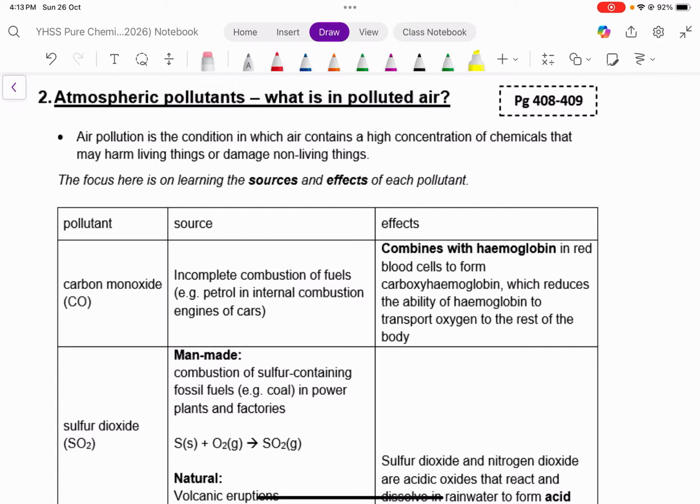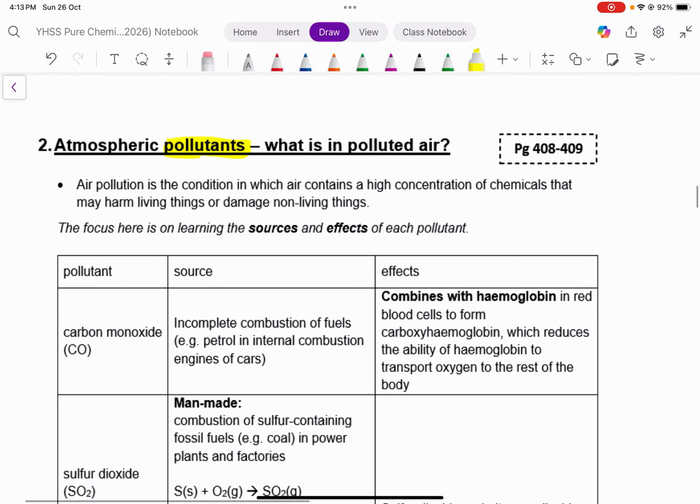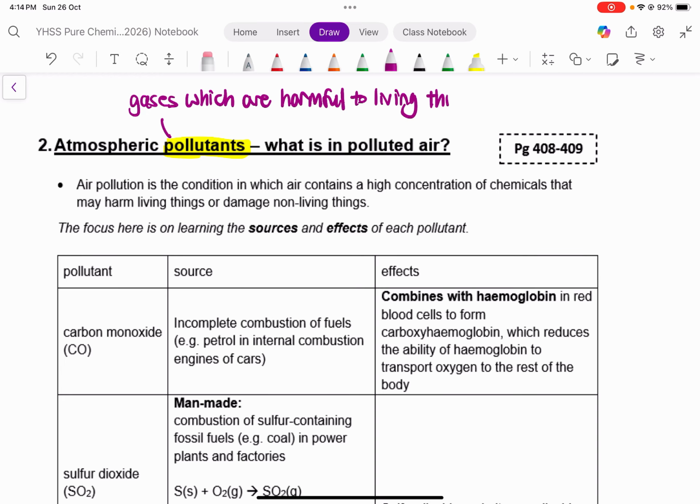So let's learn this word pollutants. What on earth is this word pollutant? Now, atmospheric pollutants are gases which are harmful to living things or may damage non-living things when they are in high concentration in the air.